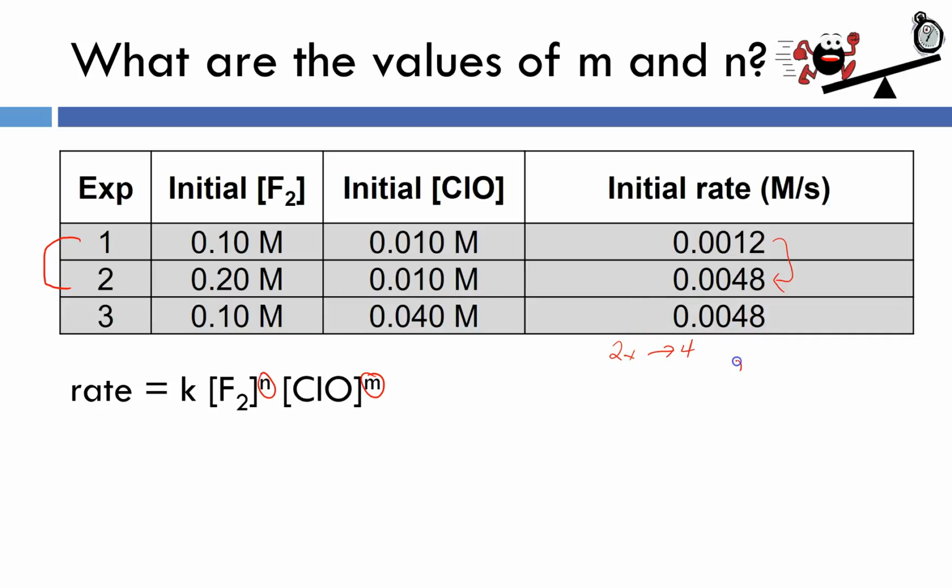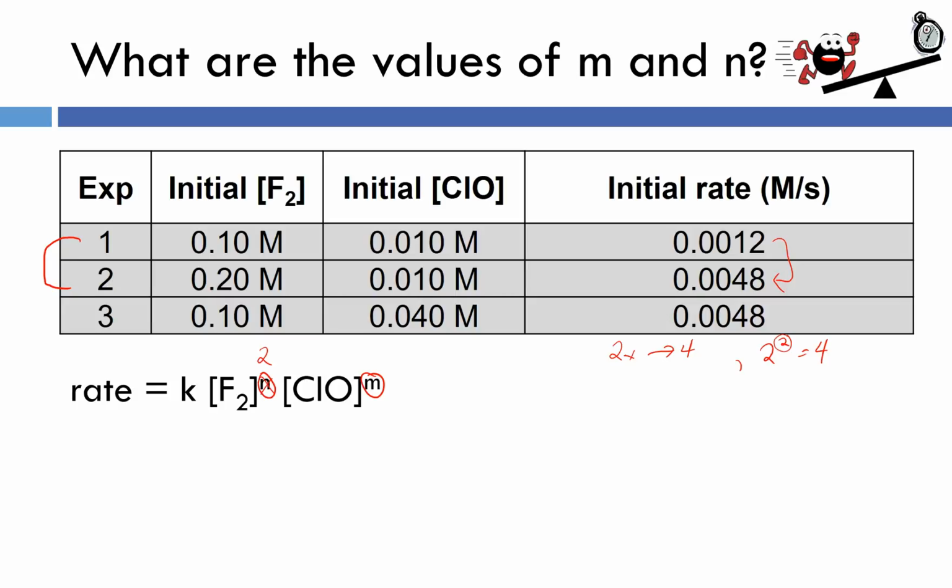So I would say 2 to the second is going to be equal to 4. Since this is raised to the second power, I know that n, the order of the reaction according to F2, is going to be 2. So I'd say this reaction is second order in terms of F2.